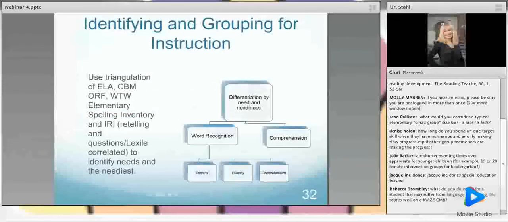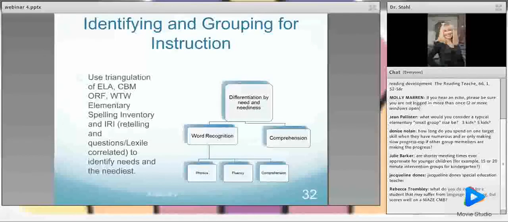It must be based on forming homogeneous groups so you can hit the target that you have and provide intense practice. So, for example, you will need to use a triangulation. If you're in 4th and 5th grade, you have your kids' ELA scores from last year. 3rd graders, you don't have the ELA scores. But in 3rd, 4th, and 5th grade, you must use some kind of oral reading fluency measure.